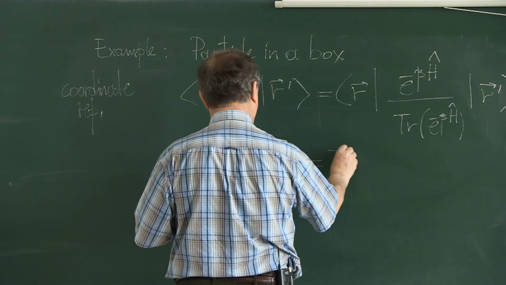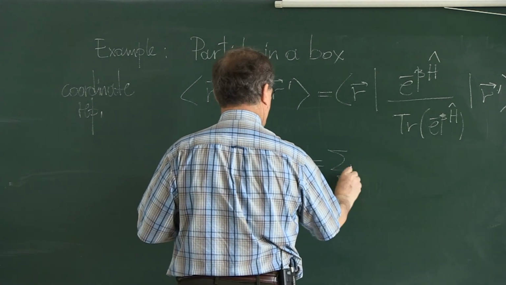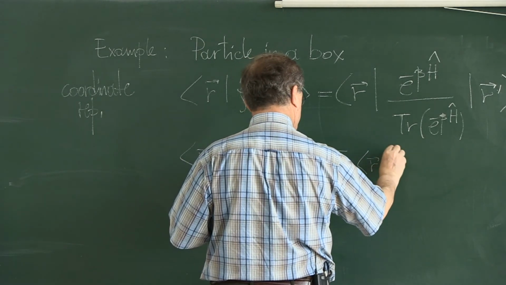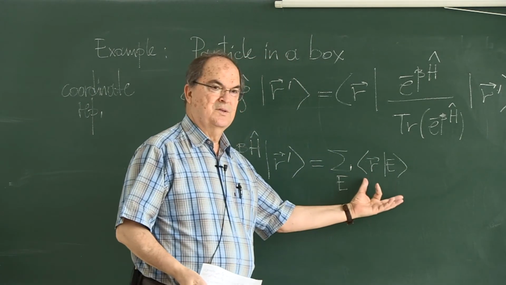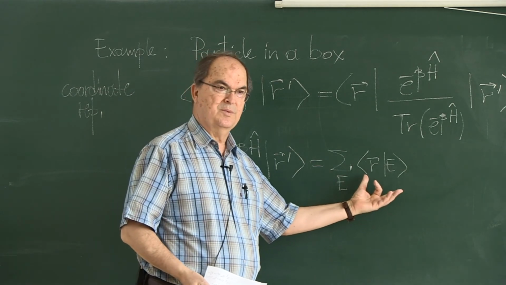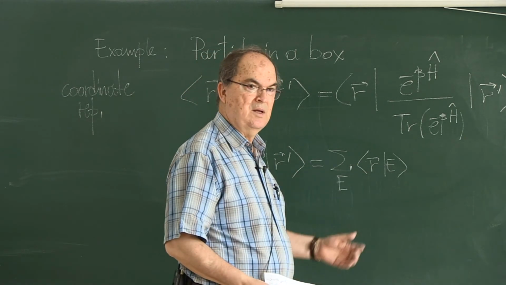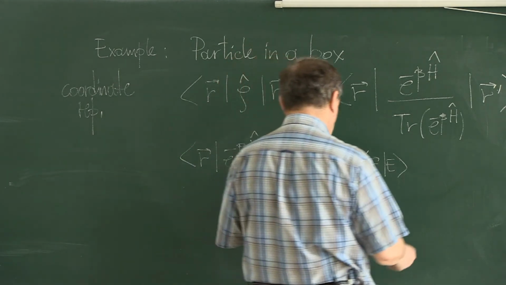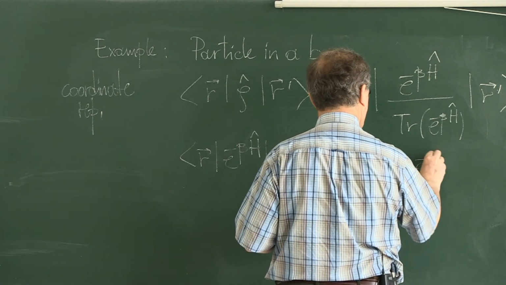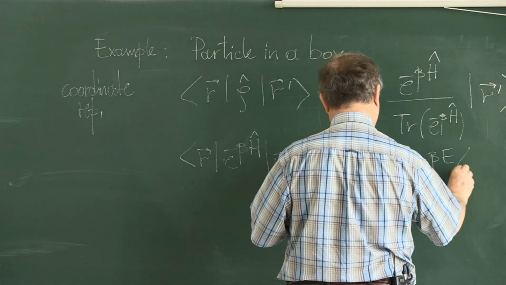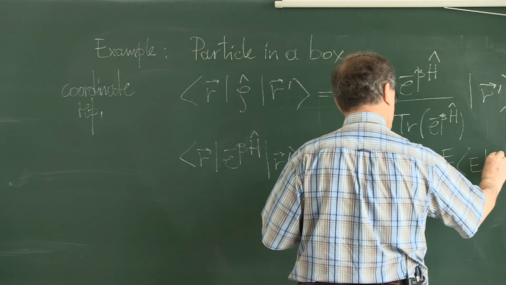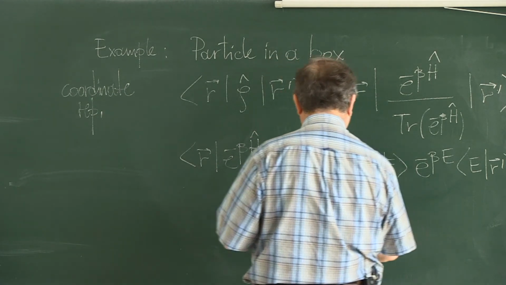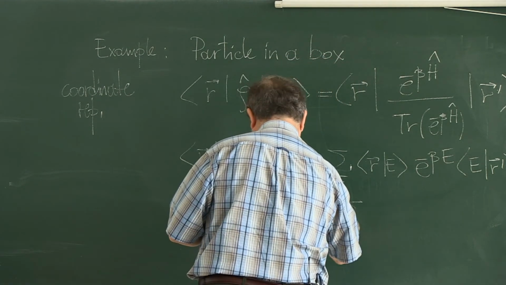That is to be written as a sum over the wave functions in that coordinate representation, corresponding to a specific energy as a function of position, e to the minus beta E, R prime.